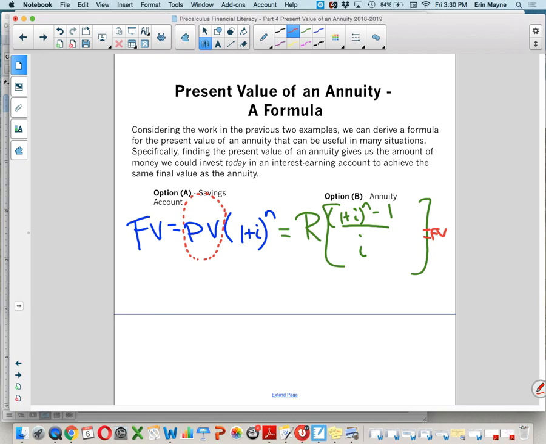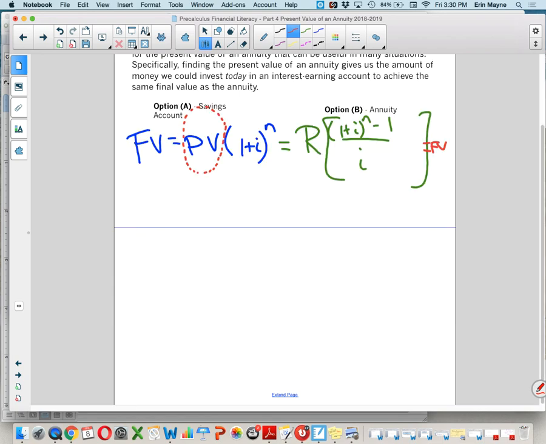We want to reference, hey, how much is the institution giving me today? So often we need another formula. So the formula that we're about to create and then use is considered our present value formula to reference how we work with loans. Future value goes towards investments, present value goes towards loans.